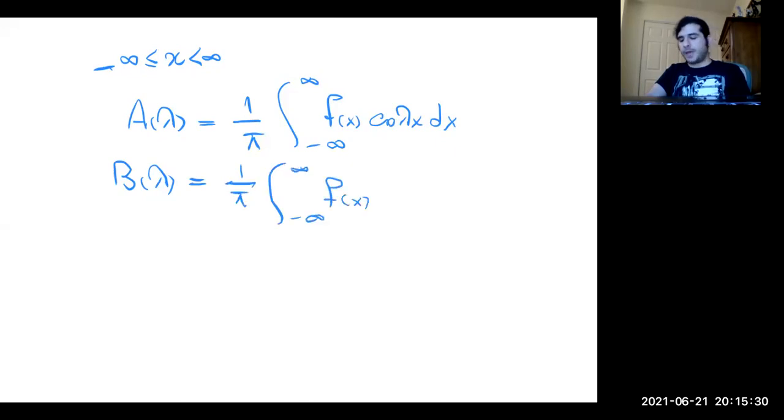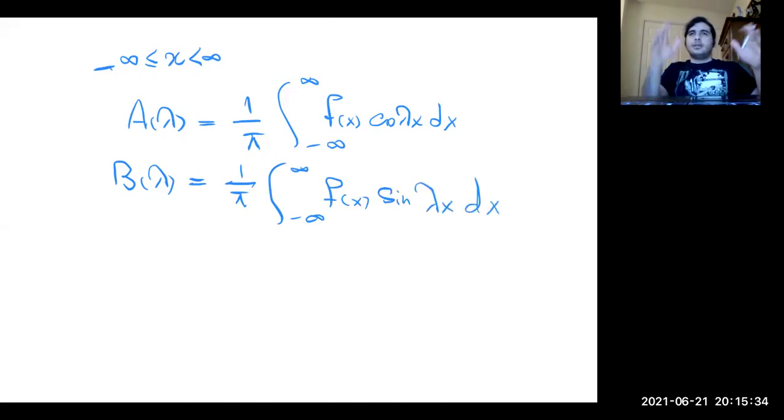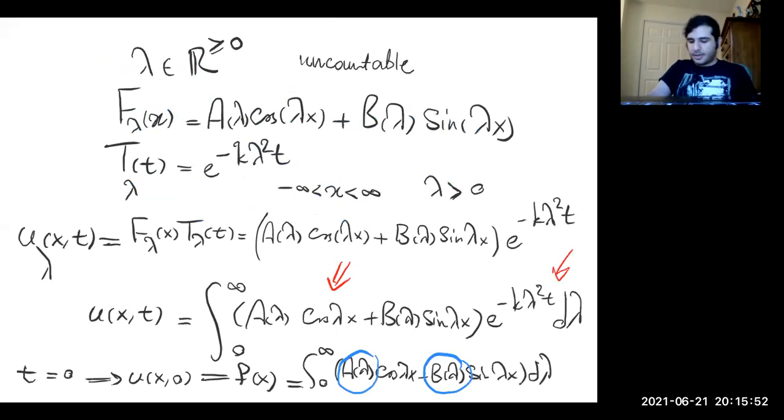Great. So we have these descriptions for A and B. We have another similar example in the homework. Again, f is given, and any lambda is acceptable. You can just write these things down, compute these integrals, and then plug them back into the solution. This is the final answer.